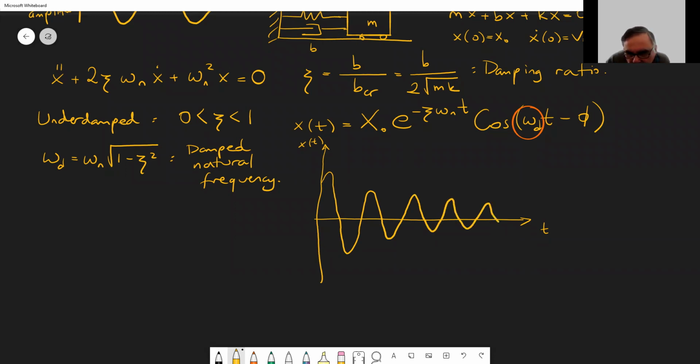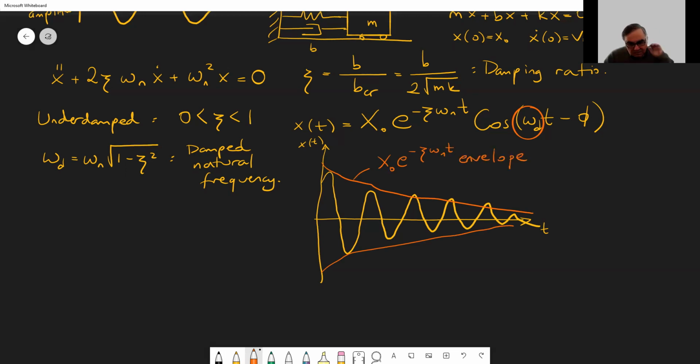It is just decreasing within an envelope like this. So this is the x0 e to the minus zeta omega n t envelope, let's say. And inside it, you have the oscillations whose amplitude eventually decreases and becomes 0, depending on the value of damping.